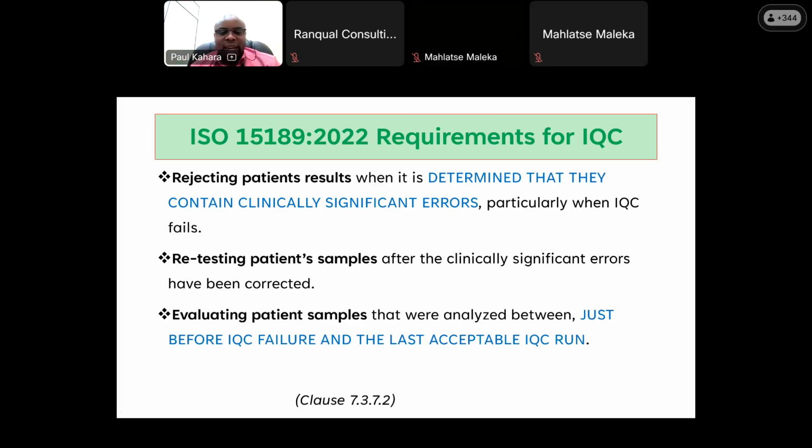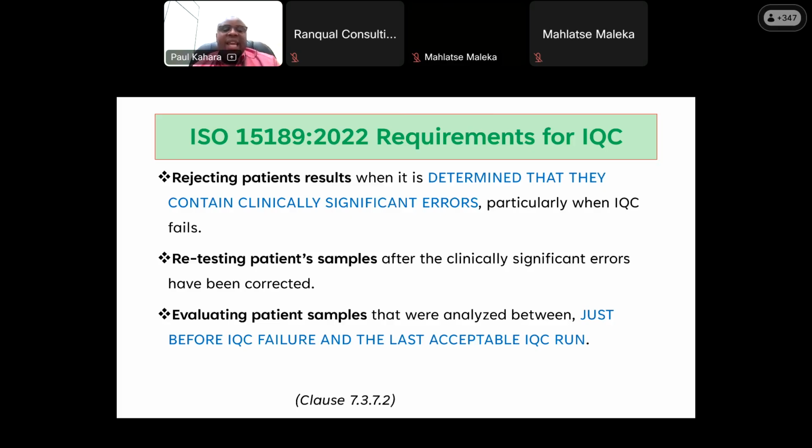How do we determine whether the IQC results we are getting indicate a clinically significant problem? Retesting of patient samples after we have corrected the issues in our systems should also be done to ensure that these clinically significant issues do not affect our patients, and also evaluating patient samples that were analyzed between the IQC failure and the last acceptable IQC run.